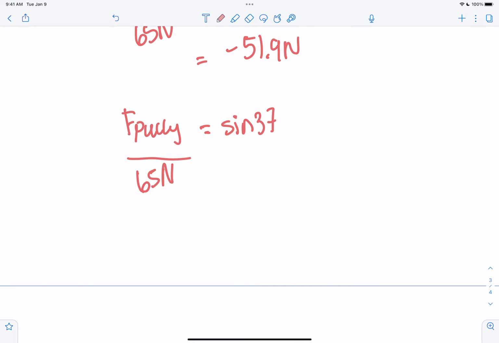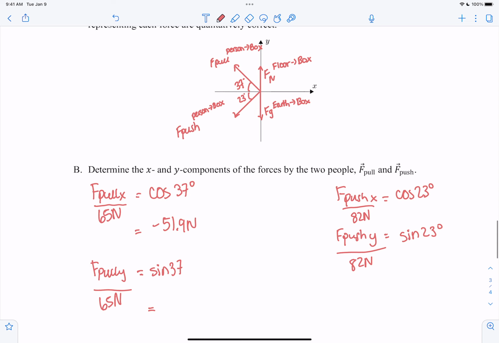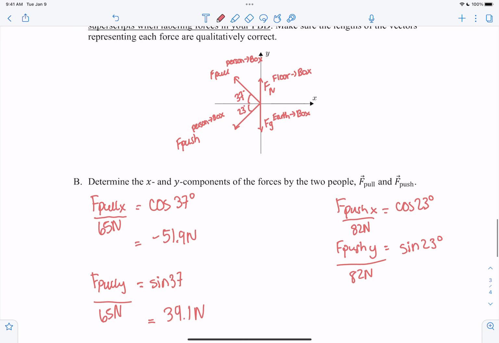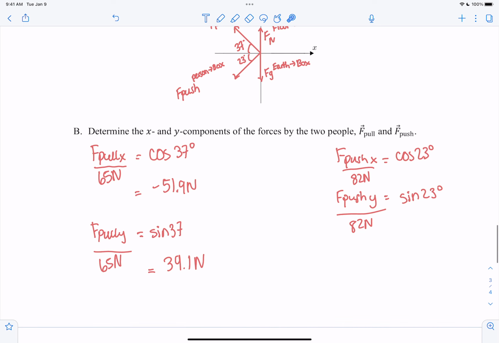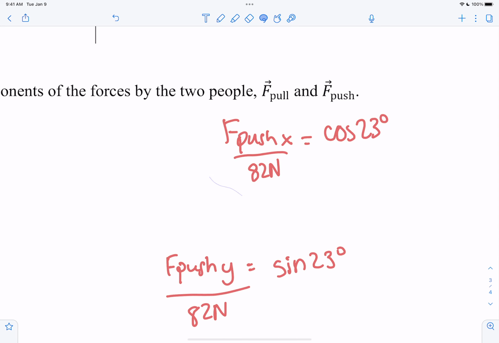How about F pull Y? 65 times sine 37. What did you guys get for that? 39.1. There we go. 39.1 newtons for F pull Y. So this is in the positive y direction, so that makes sense. We don't see any negatives there. How about F push X? Let me push things down here.